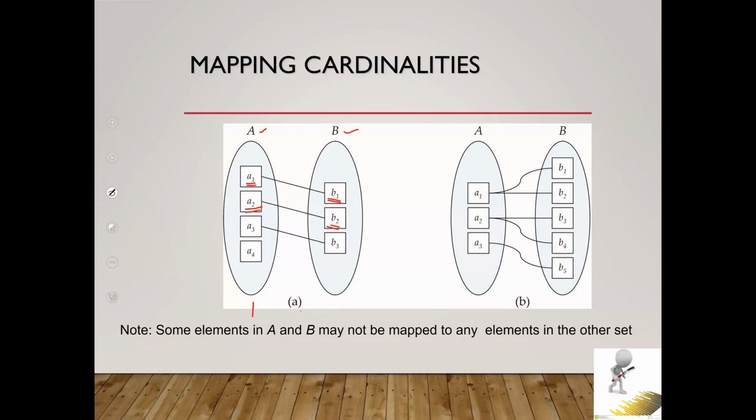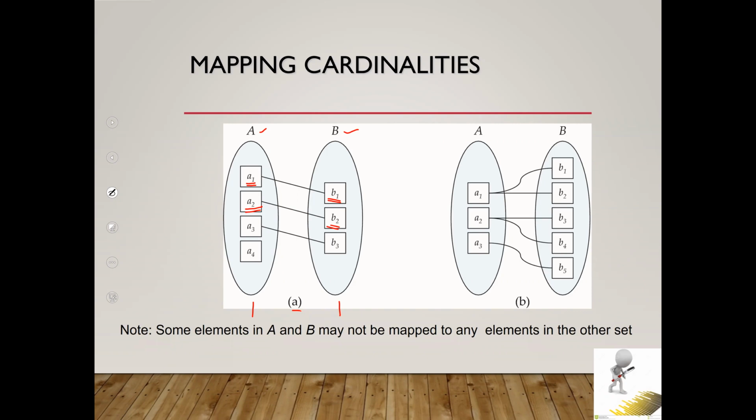You read from left, it is 1, and when you read vice versa, it is 1. A1 to B1, B1 is not mapped to anybody else other than A1. You say it is a 1 to 1 relationship.